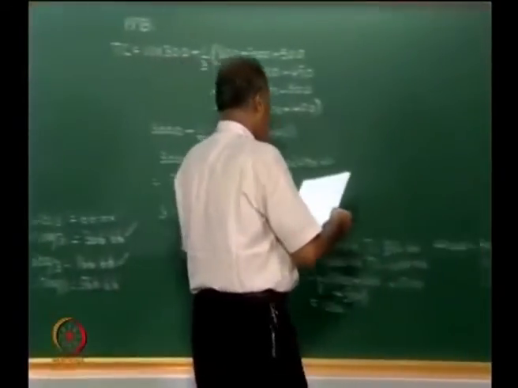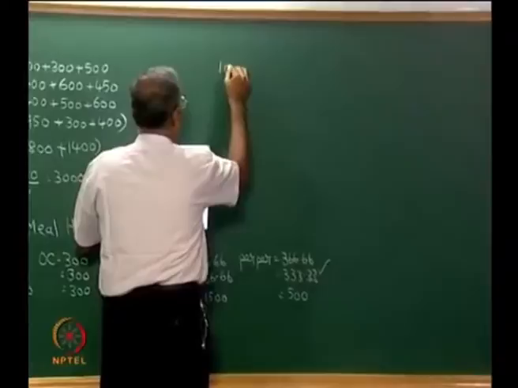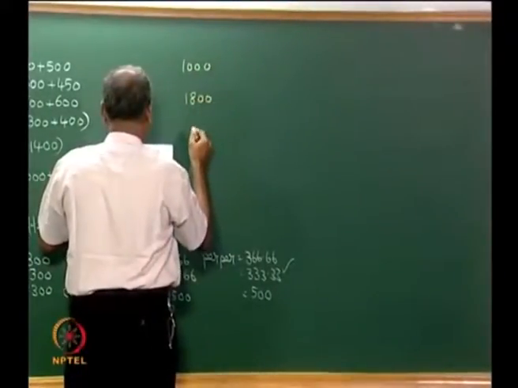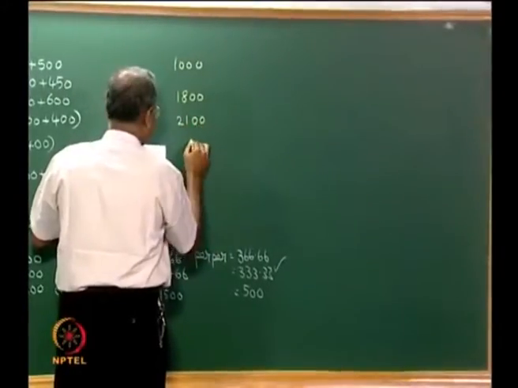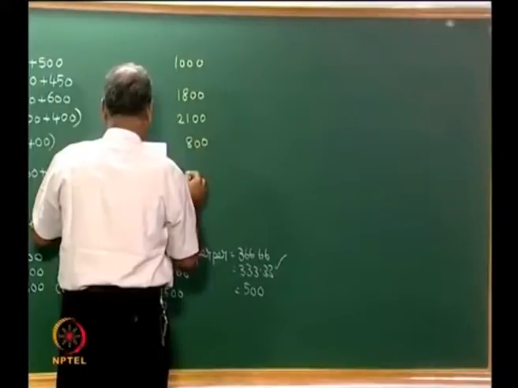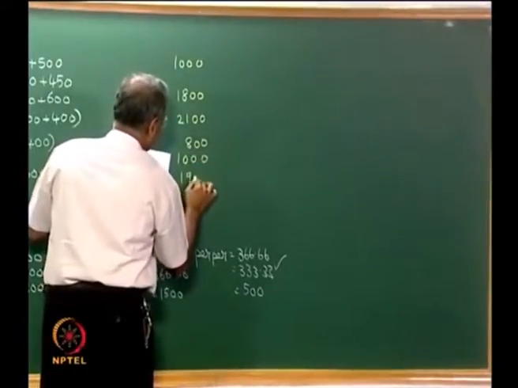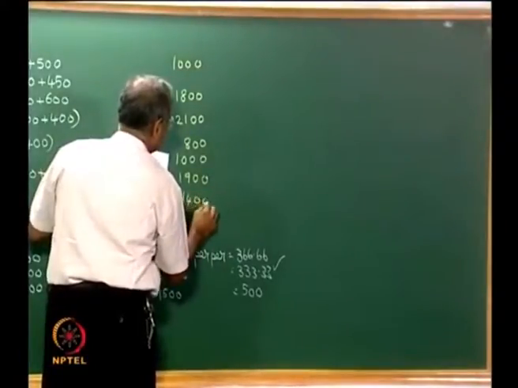So, the solution for the silver meal will be 1000, 1800, 2100, 800, 1000, 1900 and 1400.